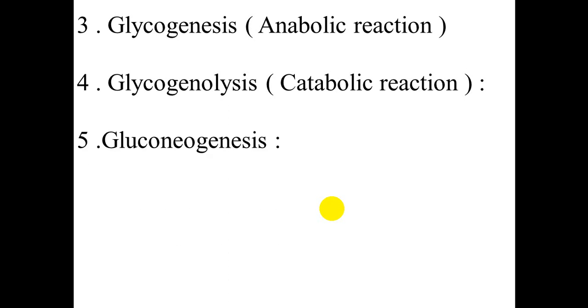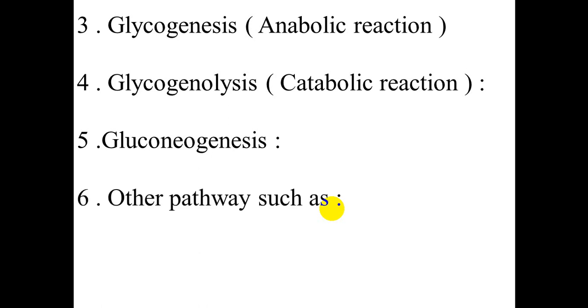Gluconeogenesis is the process of synthesis of glucose from non-carbohydrate molecules such as lactate, amino acids, and glycerol. It is of particular importance when carbohydrate is not available from the diet.